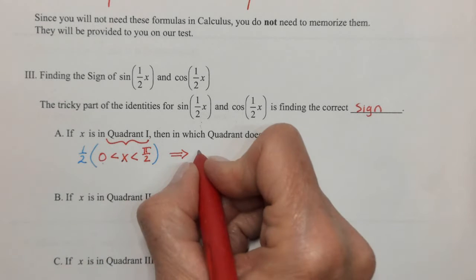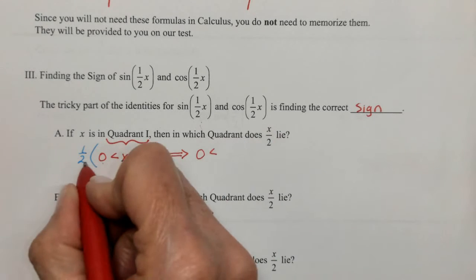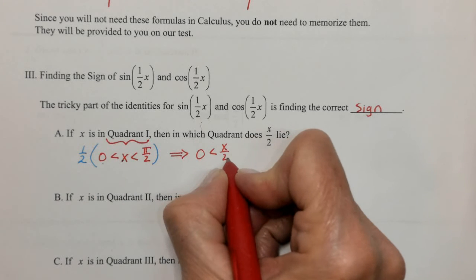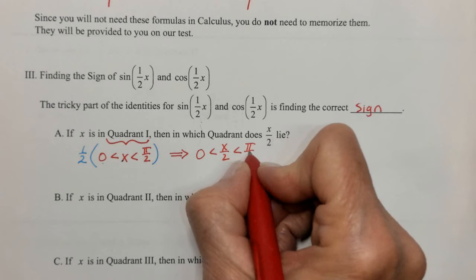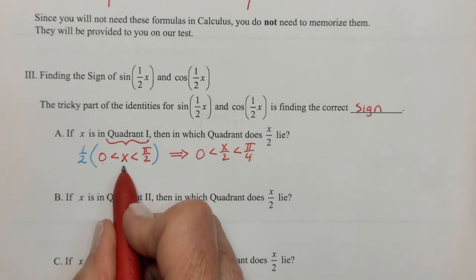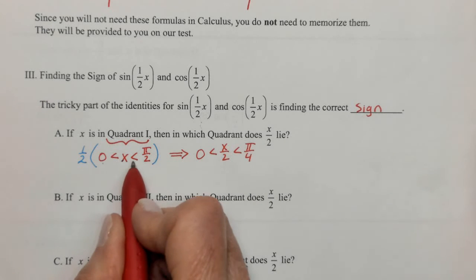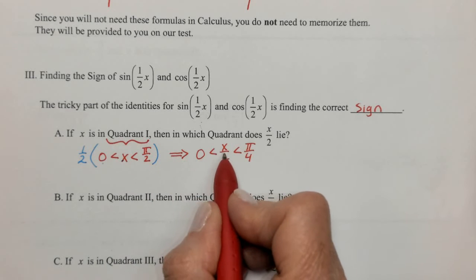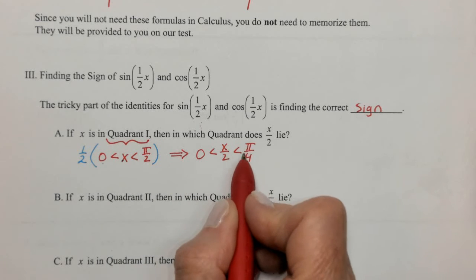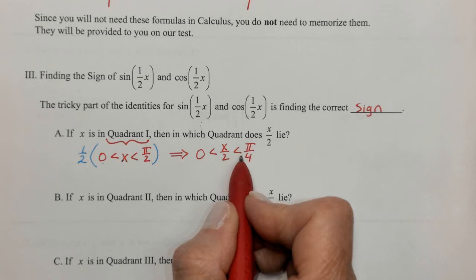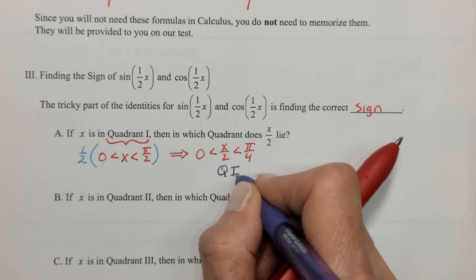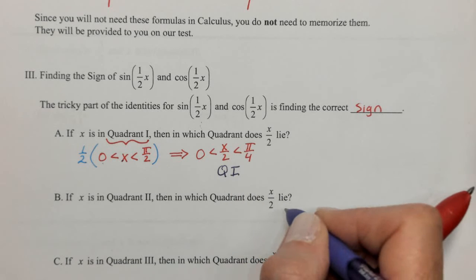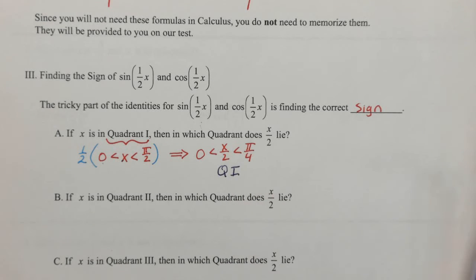1/2 times 0 is still 0. 1/2 times x is x over 2. 1/2 times pi over 2 is pi over 4. So if x is between 0 and pi over 2, then 1/2 x is between 0 and pi over 4. That is quadrant 1. In fact, it's the first half of quadrant 1.